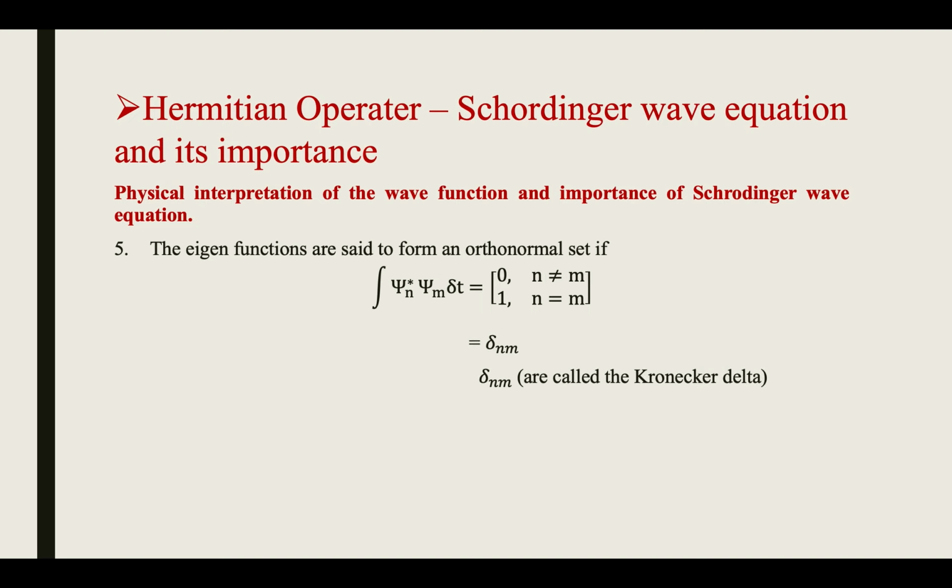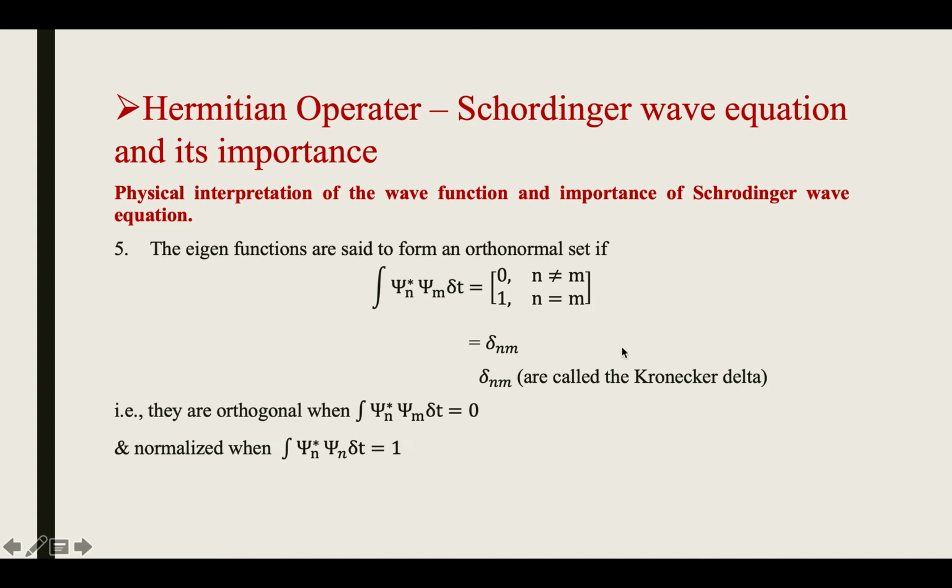This value we call delta nm, which is nothing but the Kronecker delta. They are orthogonal when the integration of psi n star into psi m dt equals 0, and normalized when the integration of psi n star into psi n dt equals 1.